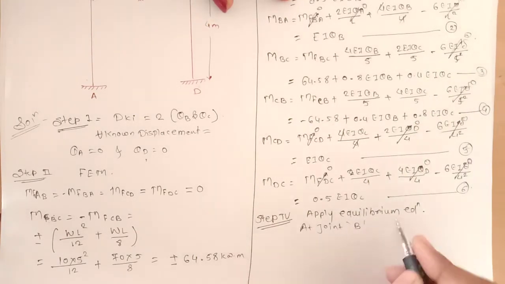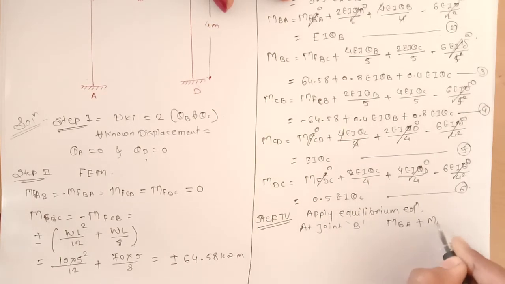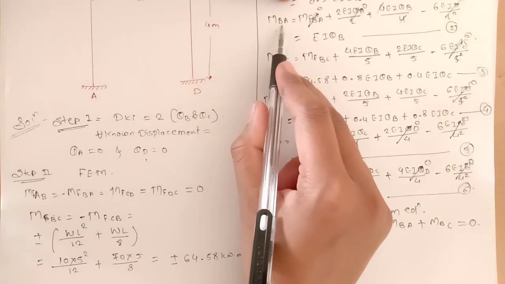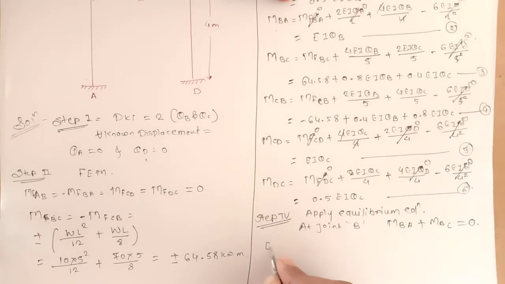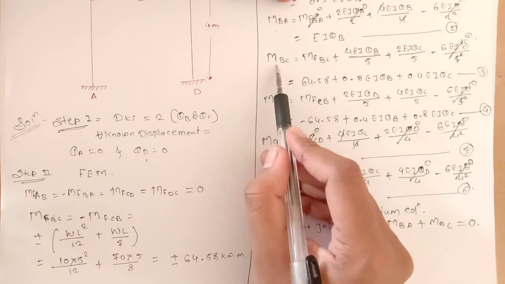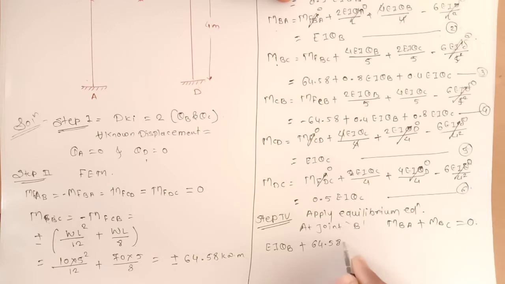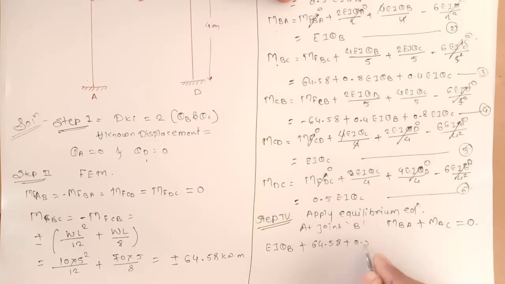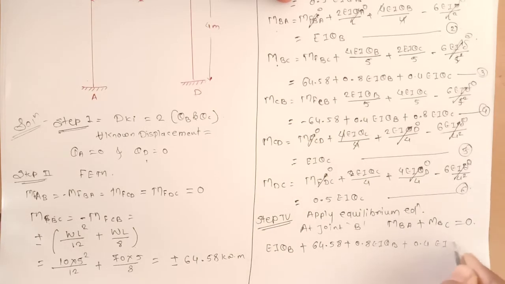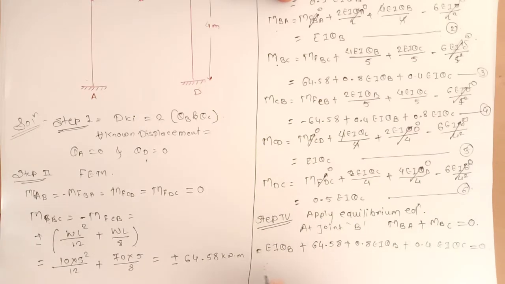So the equation is: slope deflection equation at member BA, which is EI theta B, plus slope deflection equation at member BC, which is 64.58 plus 0.8 EI theta B plus 0.4 EI theta C, is equal to 0. So solve this equation.